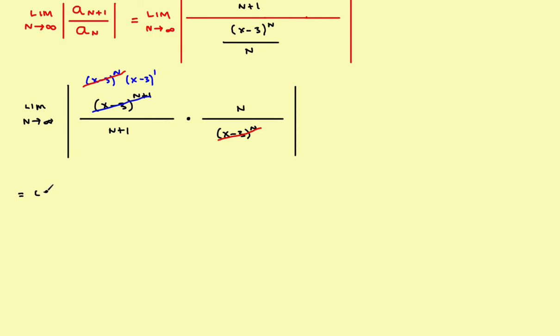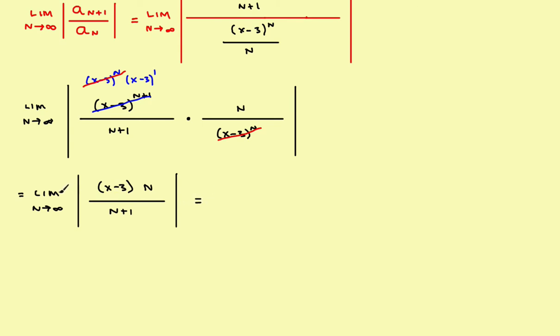This would become the limit as n approaches infinity of the absolute value of. Now in the top, the only thing that you've got is x minus 3 times n divided by, and you've got an n plus 1 in the bottom, and you've got the absolute value of that whole thing. So I will let that be, and I'm going to use the same trick that we used before.